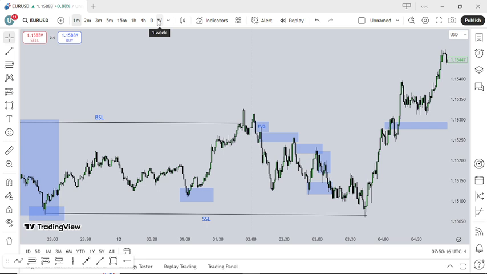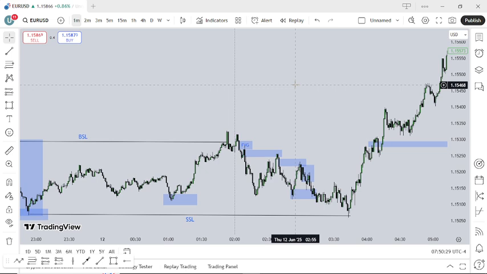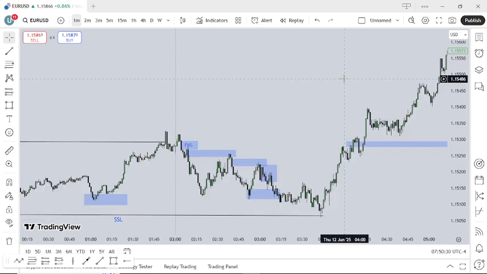It's not that we cannot catch sell positions, but they are short term, you get, and we can easily fall into a losing trade. So to avoid those scrappy trades, we will just stick to our draw on liquidity.